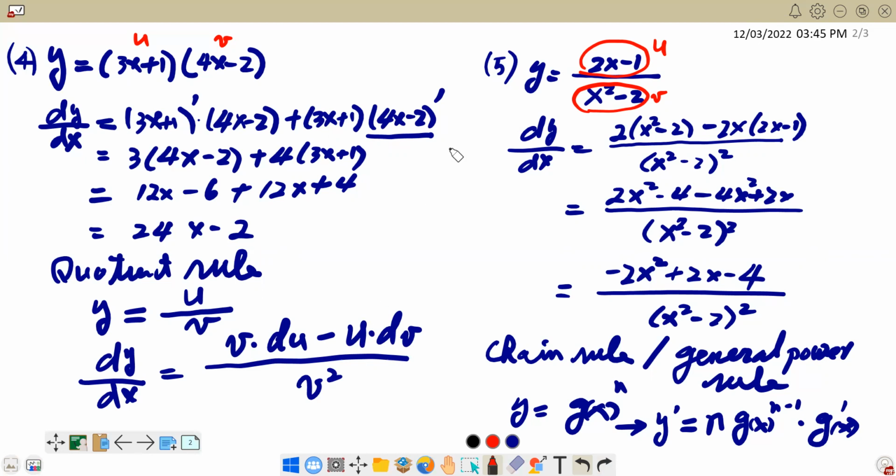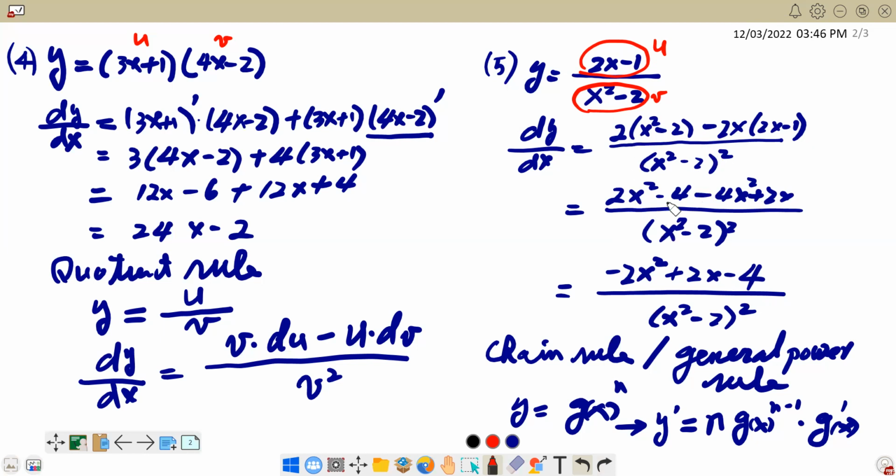So now let's see the example. If y is 2x minus 1 over x squared minus 2, so 2x minus 1 is u, and x squared minus 2 is v. So dy/dx is the denominator squared, and the derivative of the numerator, which is 2, times the denominator, minus the derivative of the denominator, which is 2x, times the numerator.